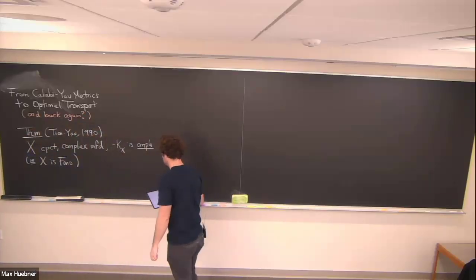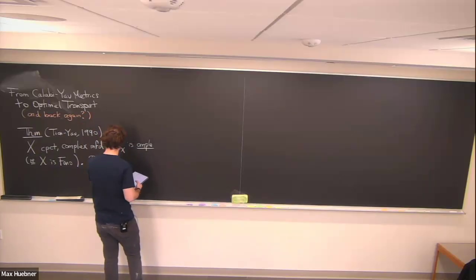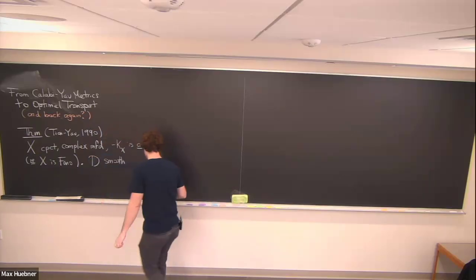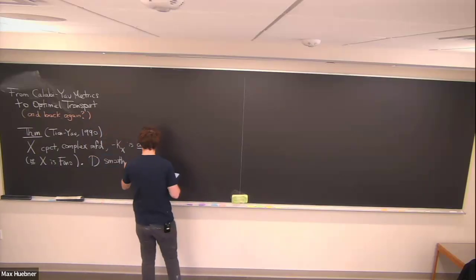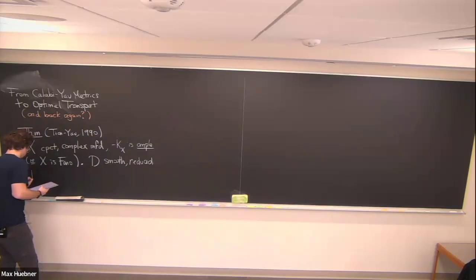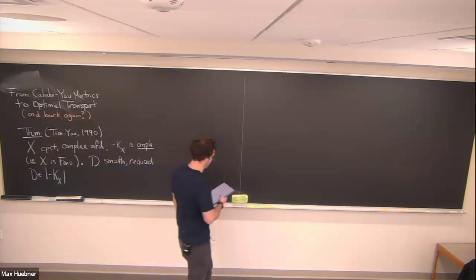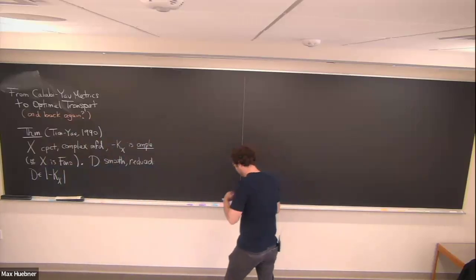Then suppose you take a smooth, reduced divisor. I'll give examples in a second. A smooth reduced anti-canonical divisor is the zero of some global holomorphic section of this line bundle.